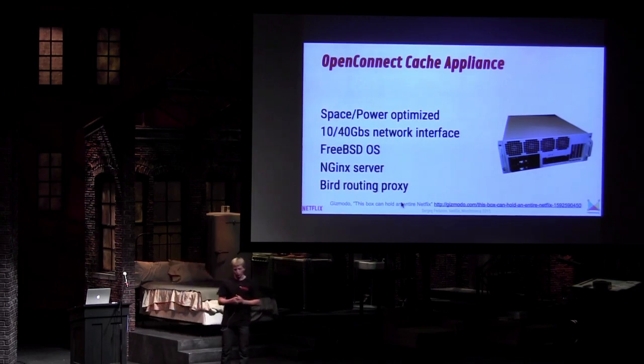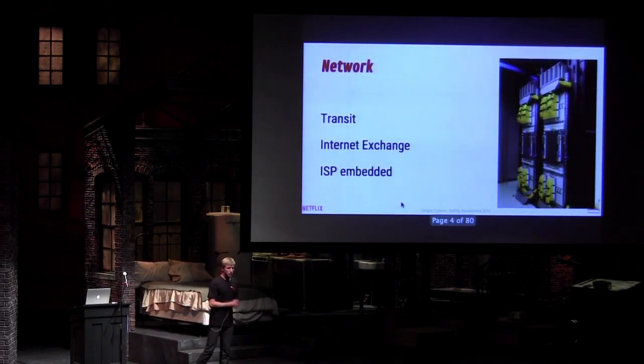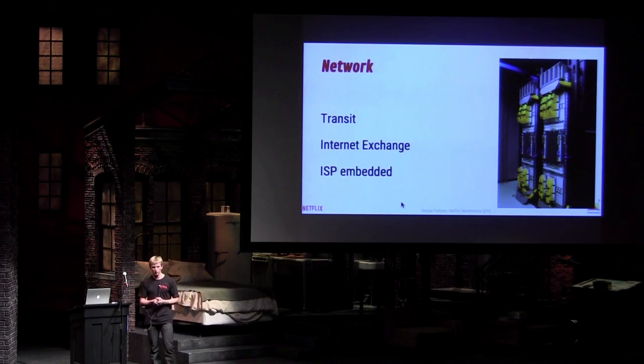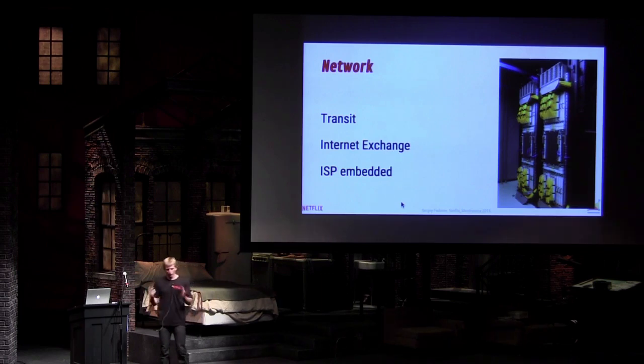Those servers are built specifically for Netflix and are optimized for maximum storage and maximum throughput delivery of video bits. Those caches are installed in transit, in internet exchange locations, or sometimes are embedded directly into the ISP networks. And they're connected to the internet by a set of routers all throughout the whole world. And since we are going global, we keep adding more and more locations and more caches throughout the globe.